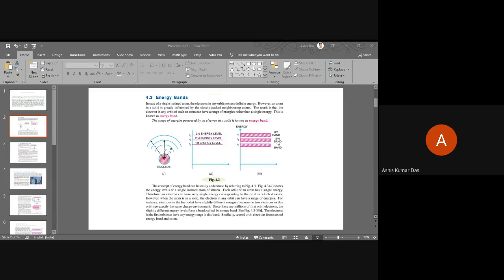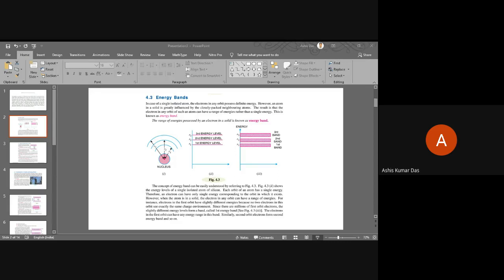These are solids, and there are different energy levels. In the energy band diagram, in figure 3, this is the first band energy, this is the second band, and this is the third band energy. Now you can see that each orbit of an atom has a single energy.